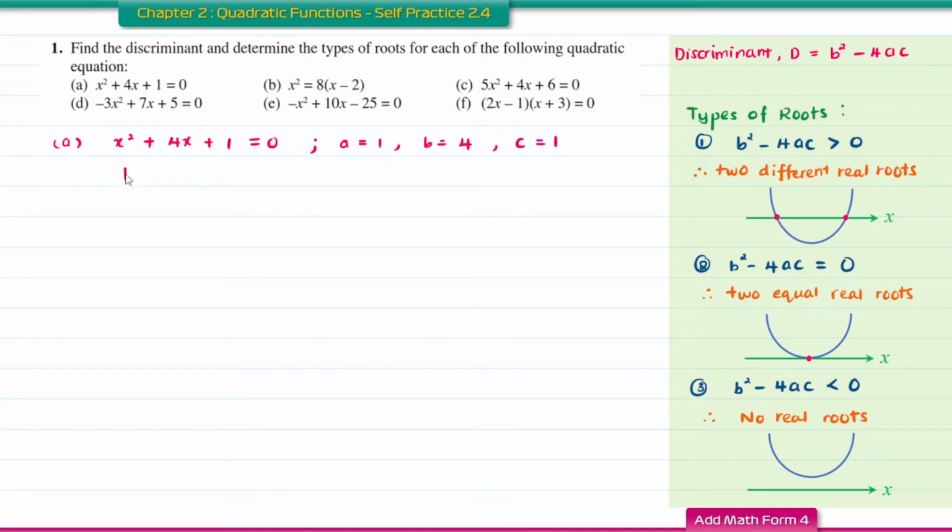So we're going to find the value of its discriminant. b squared is going to be 4 squared minus 4, the a is 1 and c is 1. Solve this, you're going to have the answer of 12. So this discriminant has a value greater than 0. Therefore, for question A, this quadratic equation will have two different real roots.